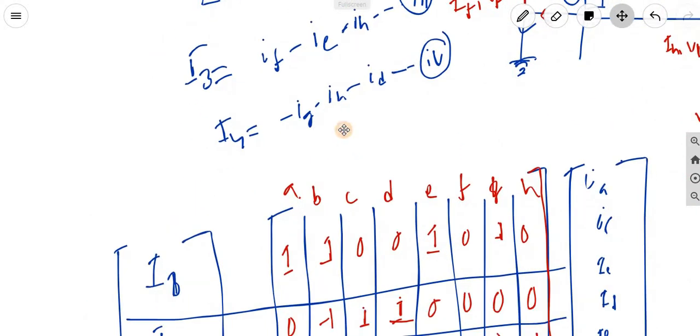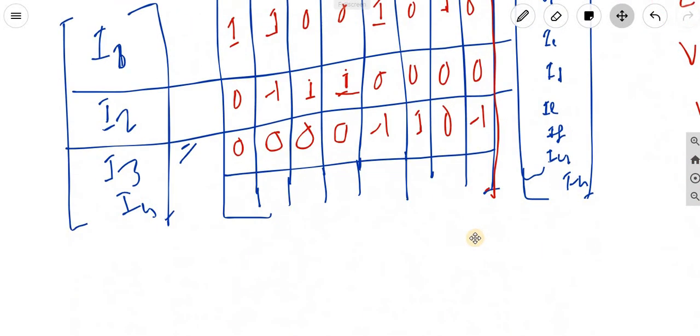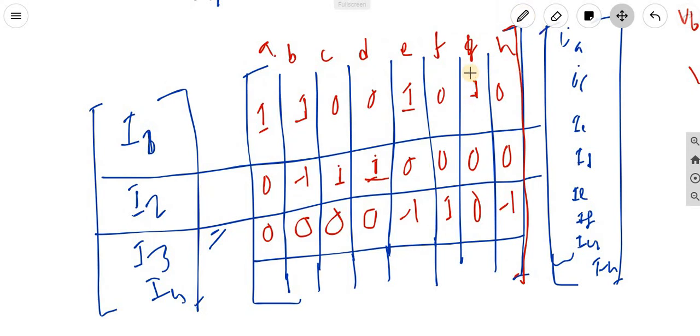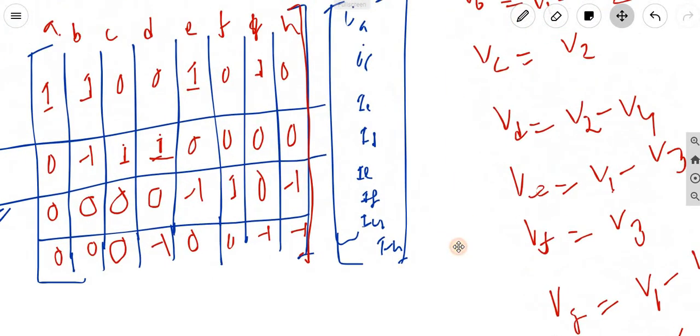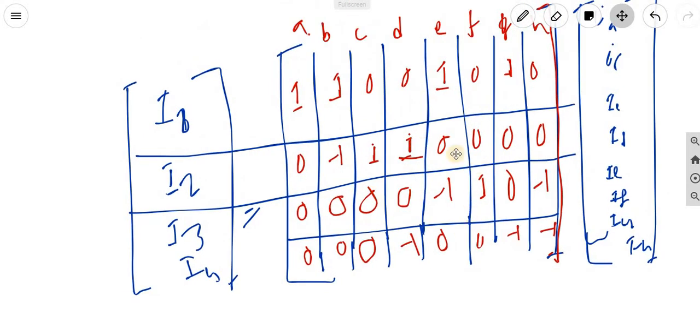For I4, GHD all negative are 0. Okay. So you can see the comparison with this matrix value of 0, 1.